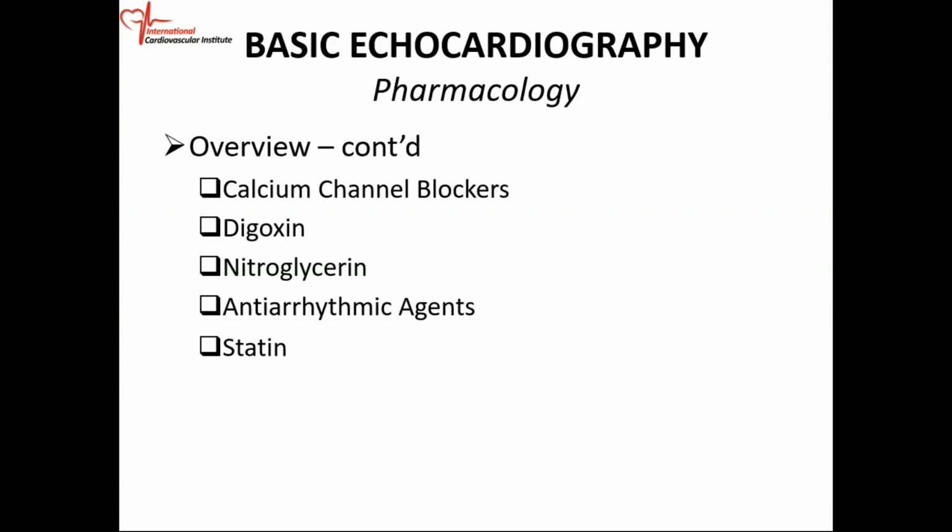And then antiarrhythmic agents, those are the medicines we use to terminate some arrhythmias, abnormal rhythm. We use them also to modify some abnormal rhythm to prevent those abnormal rhythms. And one of the common antiarrhythmics is amiodarone. We use it extensively in patients in atrial fibrillation, and the intravenous form we use in patients with ventricular tachycardia.